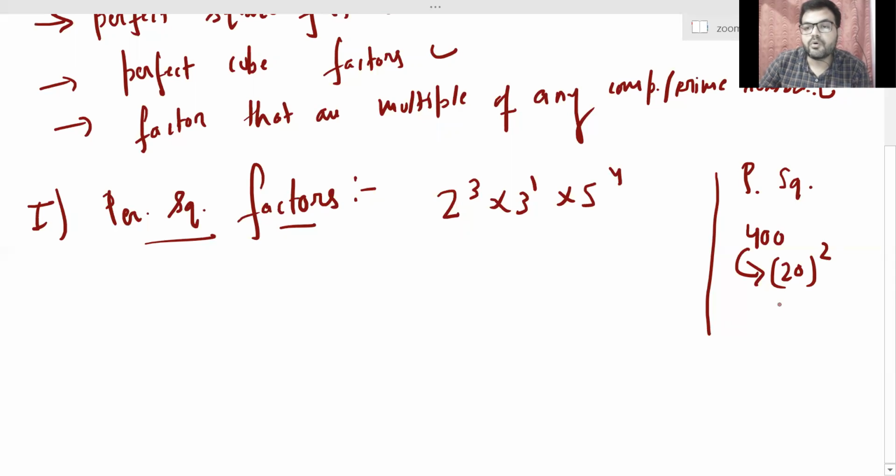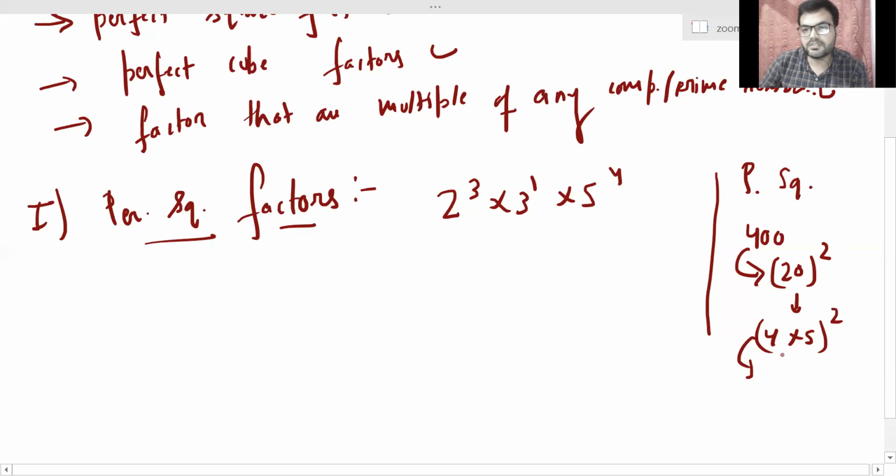Now this 20 can be broken as 4 into 5, so 2 square into 5 to the power 1, whole square. If you open up this bracket, you will get 2 raised to the power 4 into 5 to the power 2.